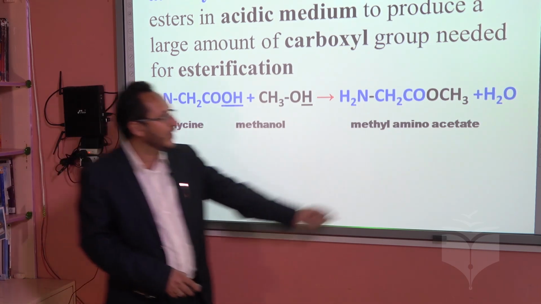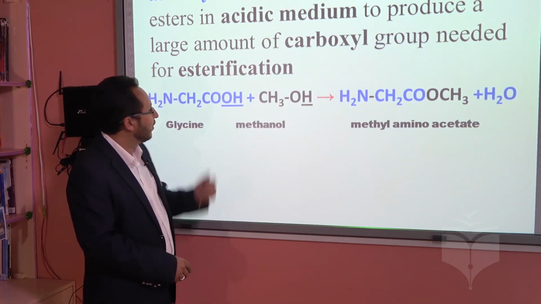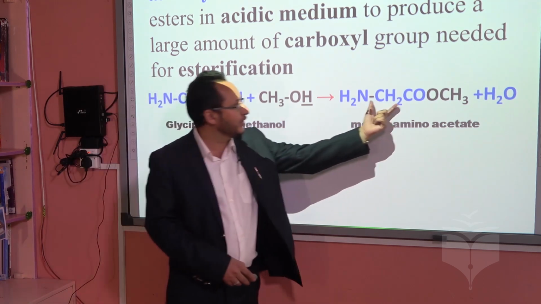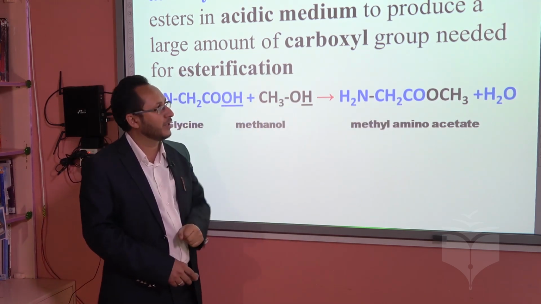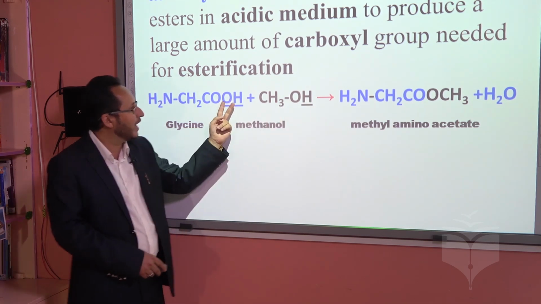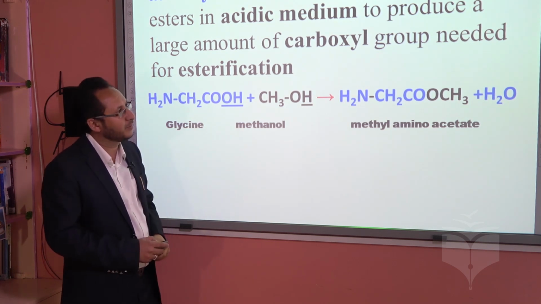They are removed as H2O. This is an acidic medium. So what is the remaining? It is NH2CH2CO, and here we have OCH3. So from the alcohol you remove H, and from the acid you remove OH, and join the rest of the compound.